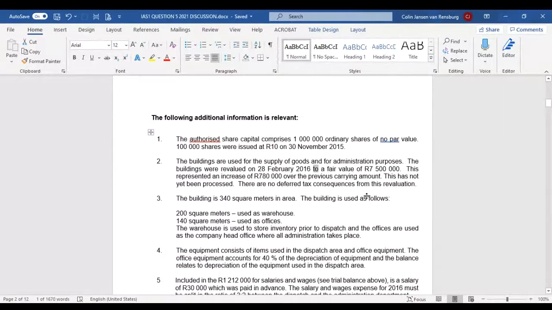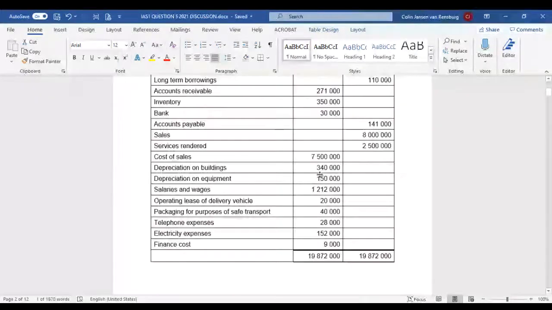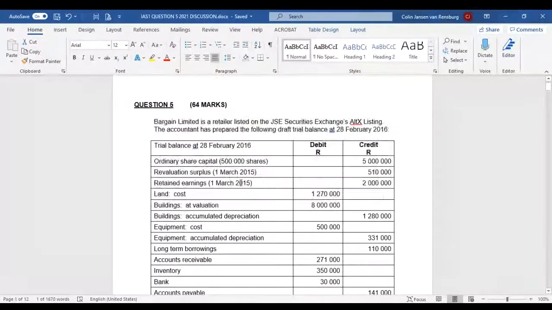This has not yet been processed. They also add there are no deferred tax consequences from this revaluation. You can just ignore that for the time being, ladies and gentlemen. Deferred tax is a topic that we will address in Financial Accounting 3. They probably didn't even need to give us that amount. Let's just see what the value is as it stands.